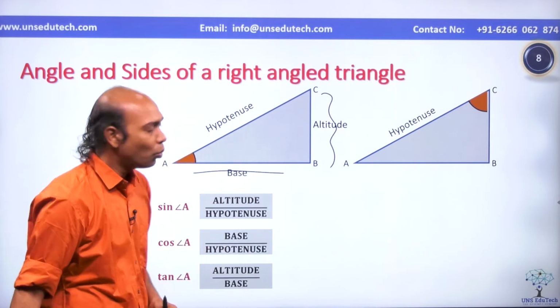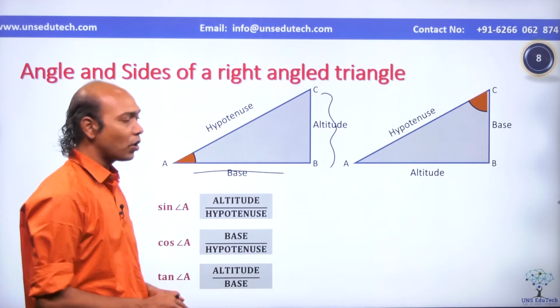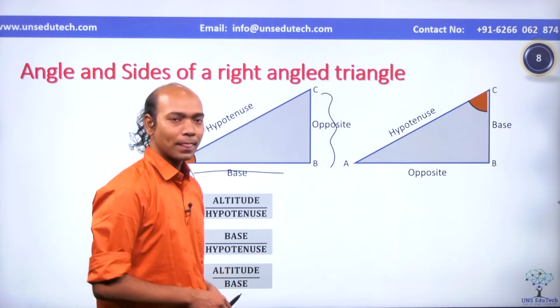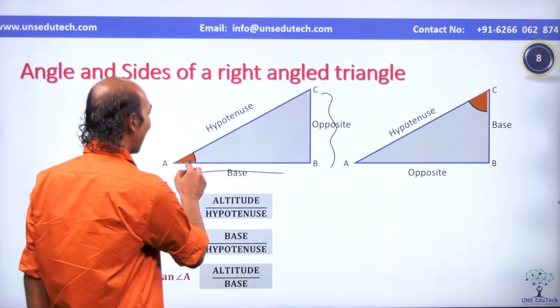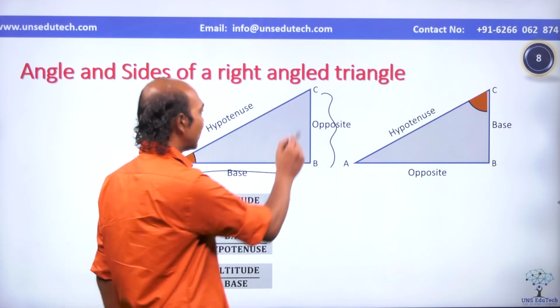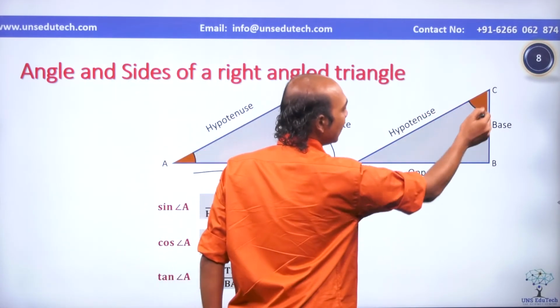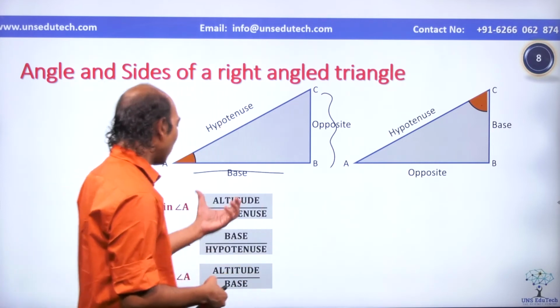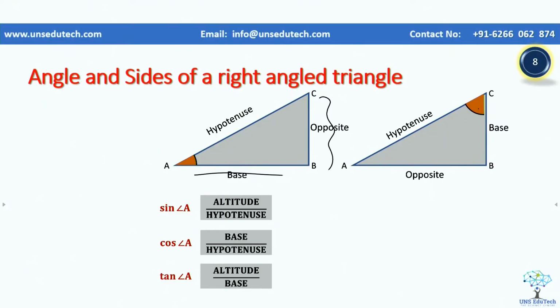So that's why we replace the concept of altitude. We call it opposite. Opposite means, for the angle, what is the opposite side? For A, that is BC. For C, the opposite side is AB. So we also change the definitions of sine A, cos A and tan A, replacing altitude by opposite.